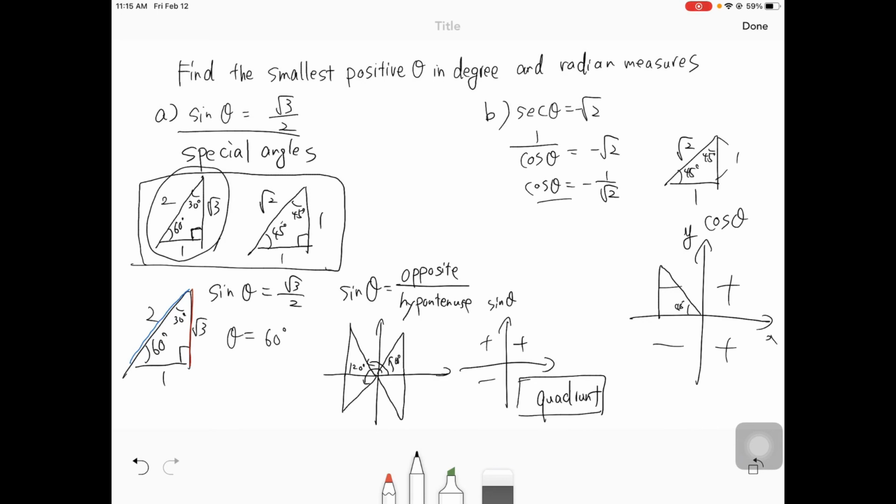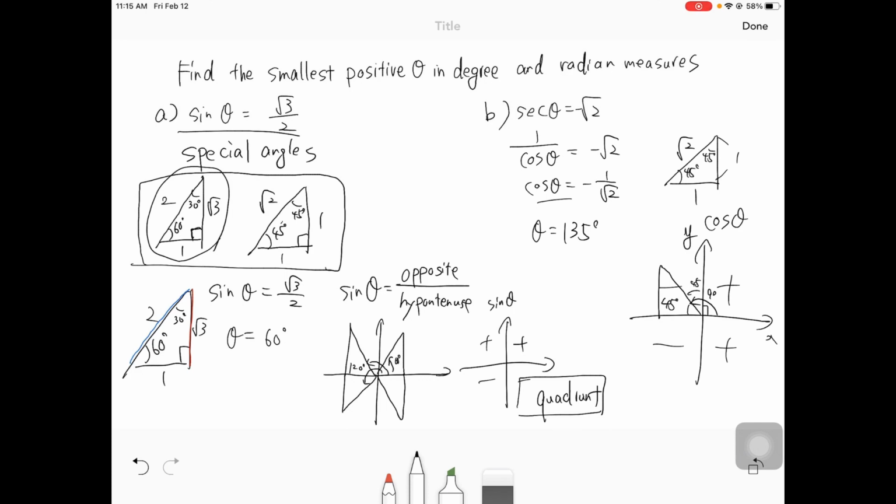This one is 45 degrees. But you need to find the angle from here. So this one is 90, this one is 45. 90 plus 45 is 135 degrees.